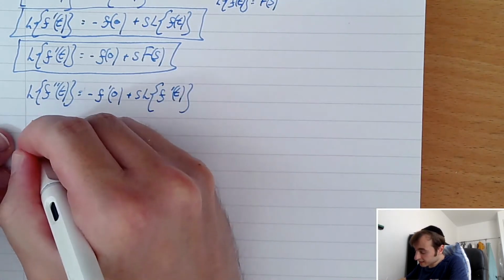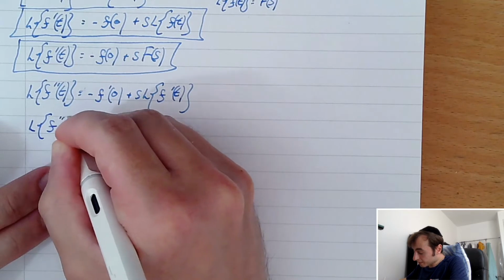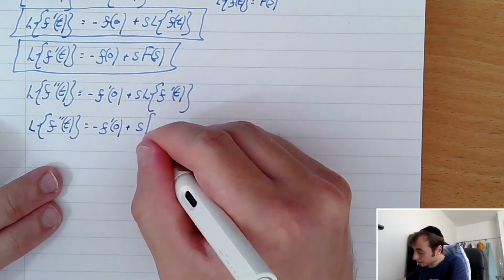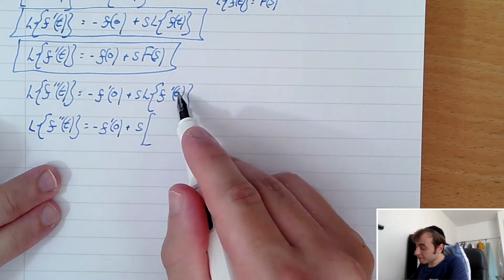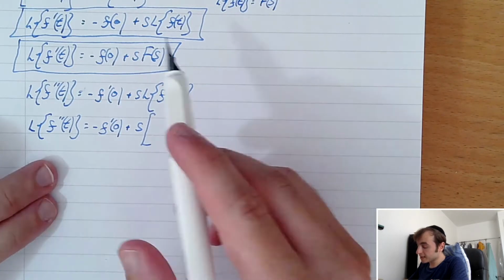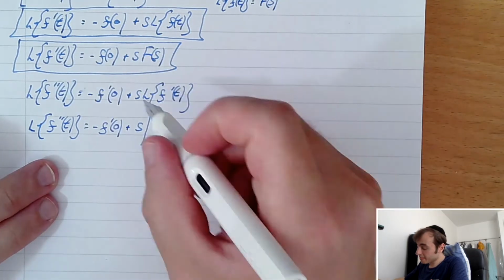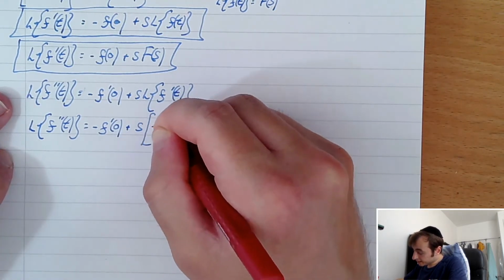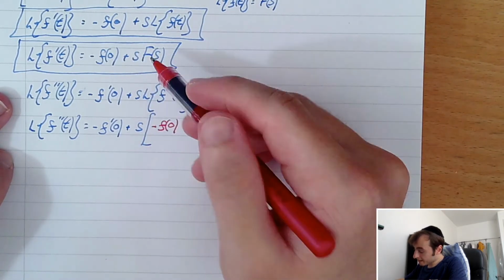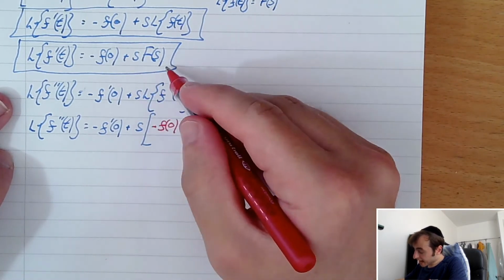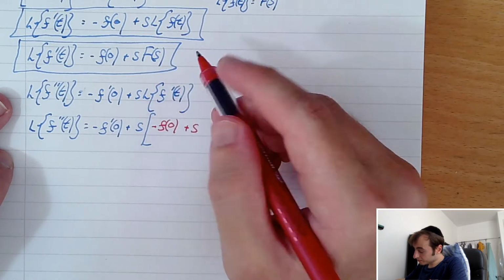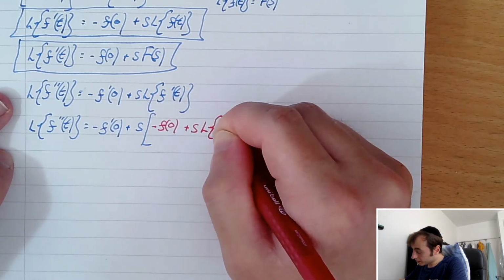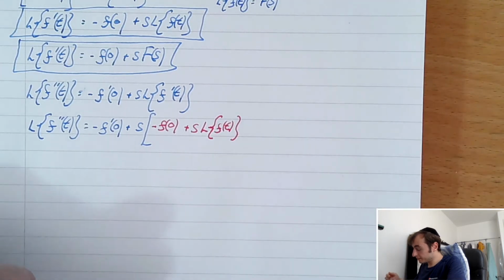I'm just going to rewrite this as the Laplace transform of f double prime t equals minus f prime naught plus s, a large bracket over here, and I'm going to replace the Laplace transform of f prime t with what we worked out over here. I'll do that in a different color: minus f naught plus s F of s. I'm going to leave F of s as the Laplace transform of f of t over here, just for simplicity.